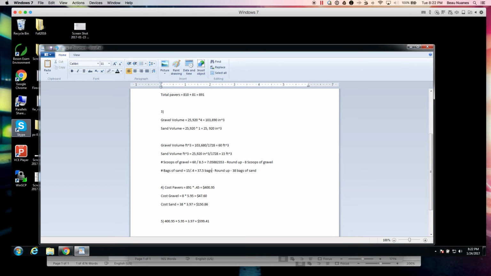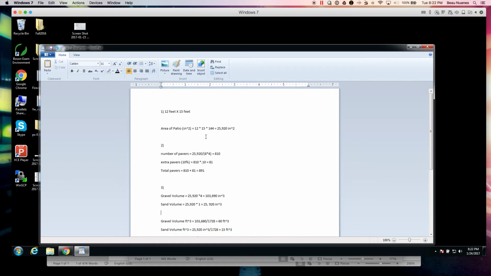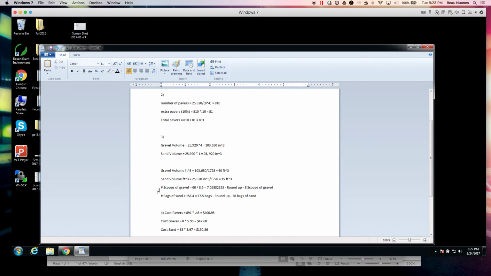Any questions? None? Where did I get the 1728? 1728 is 12 times 12 times 12. So when we're looking at cubic feet, we had 103,680 right here.